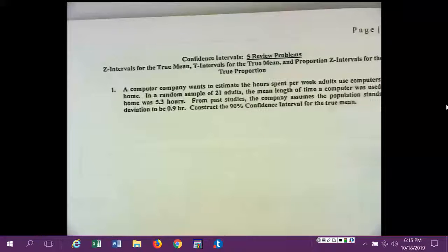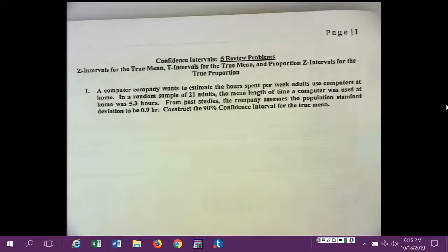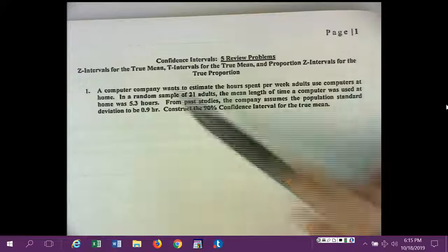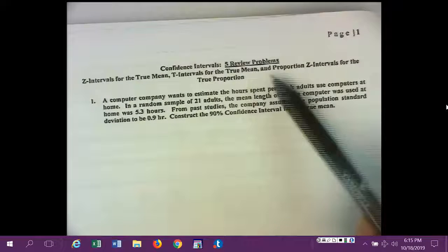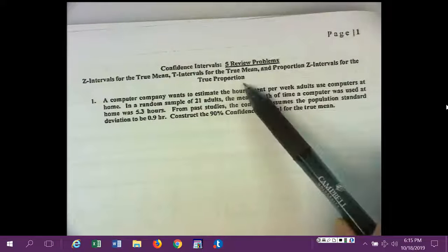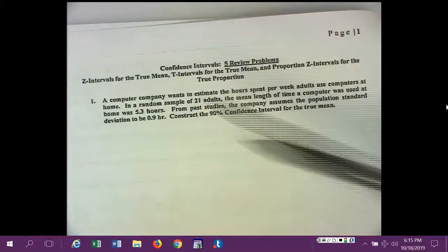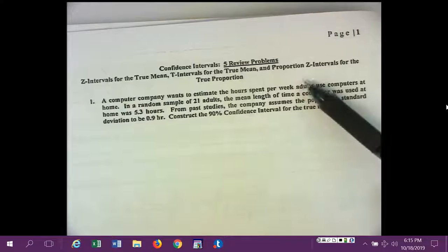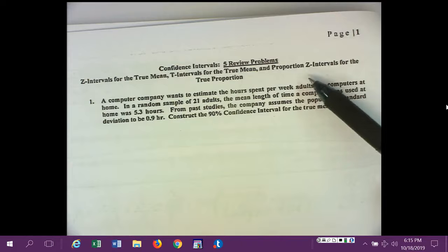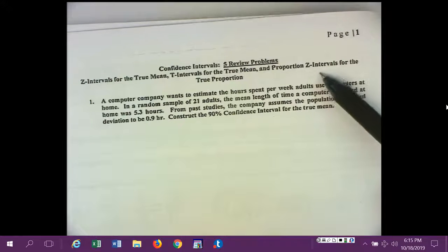We will talk about these in general if you have questions, but this is like a review of Z intervals for the true mean, T intervals for the true mean, and proportion Z intervals for true population proportion. I thought that it would be a good idea to have a review of these types of confidence intervals before we did the last and final confidence interval, chi-square intervals for true population variance and true population standard deviation.